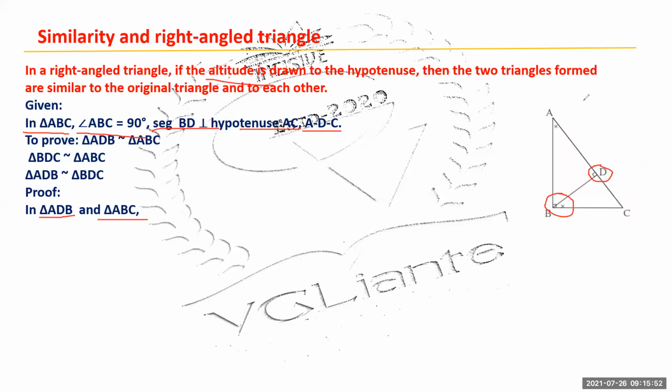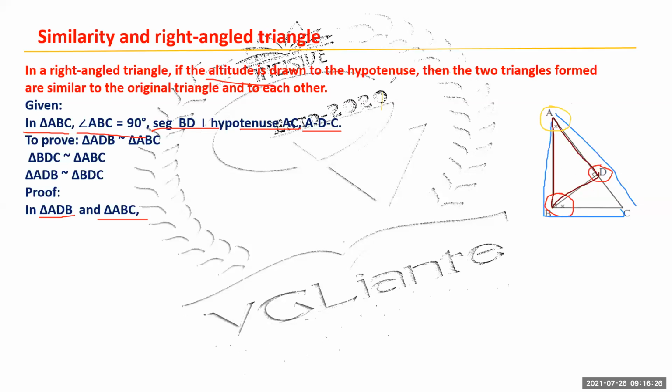Now for the other pair, ADB and ABC, when you have a closer look at these two triangles, you'll see that angle A is common for both these triangles.